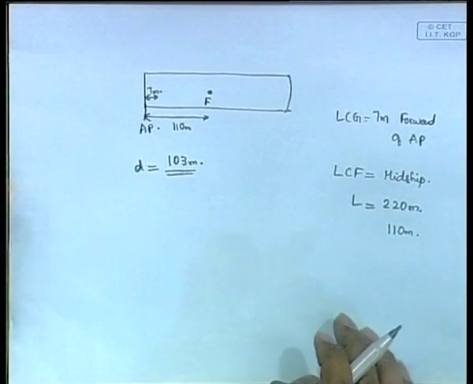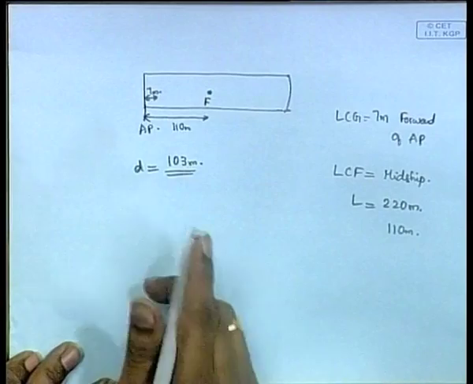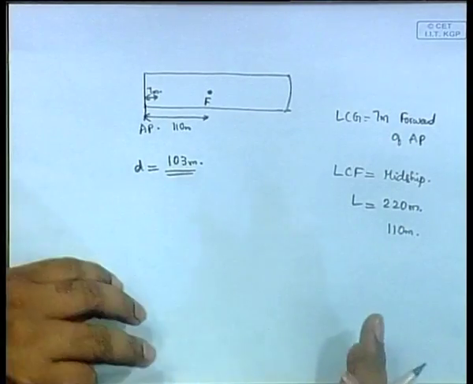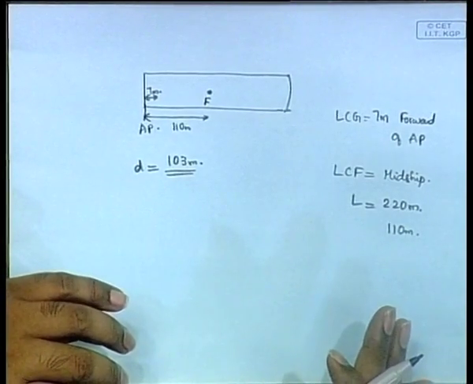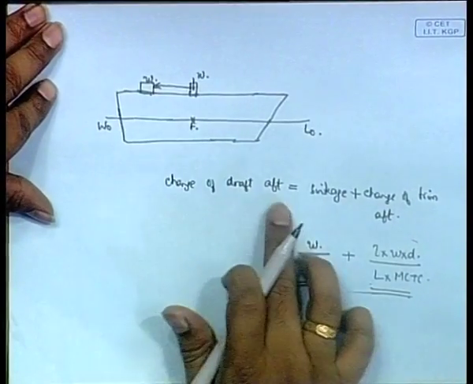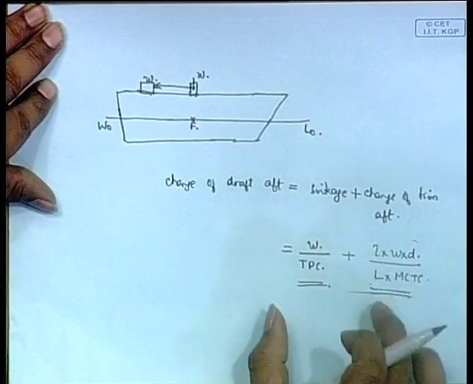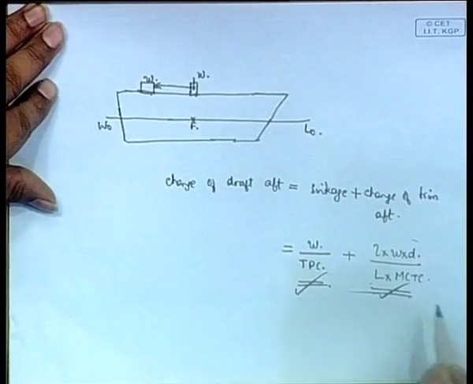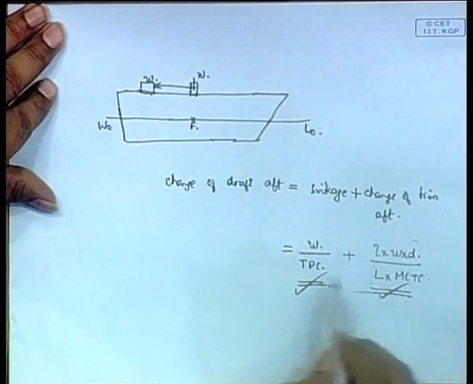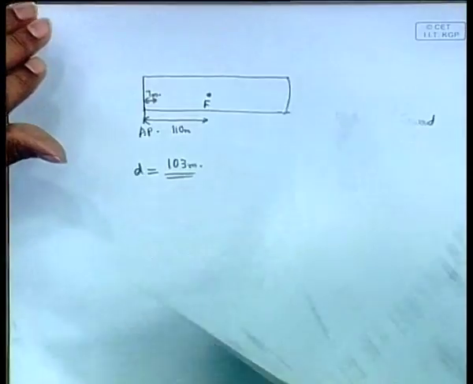Now, we have derived a formula here, that the change of draft is equal to sinkage plus change of trim. It is W by TPC plus this. Now, this formula is what we are going to use here.